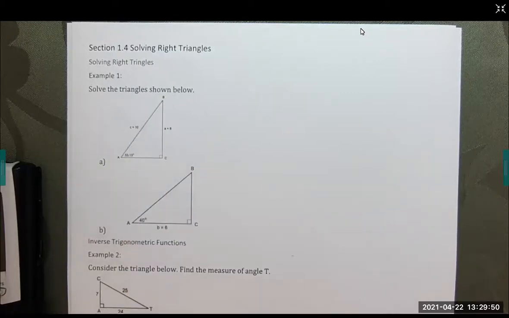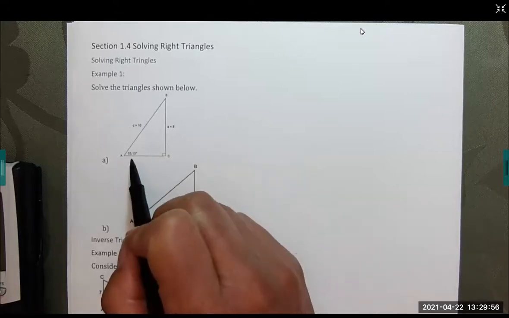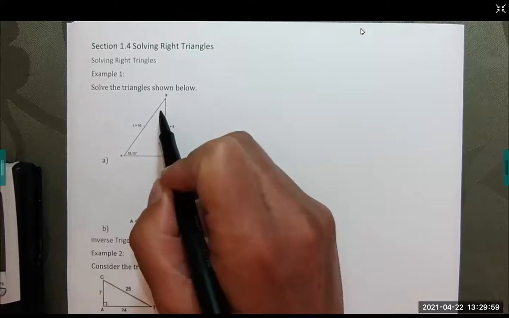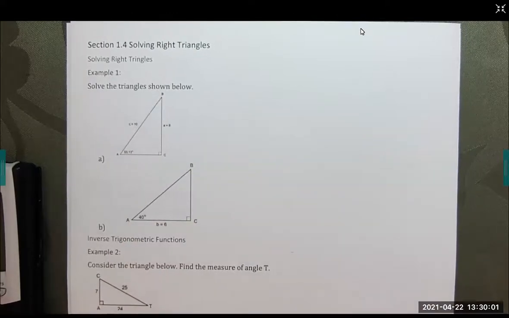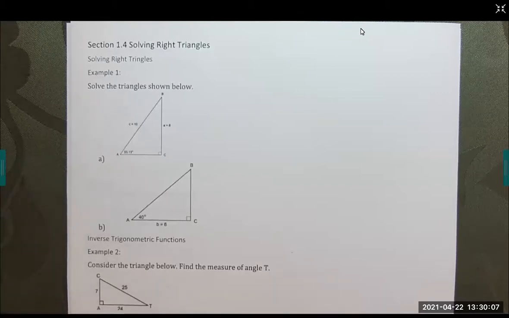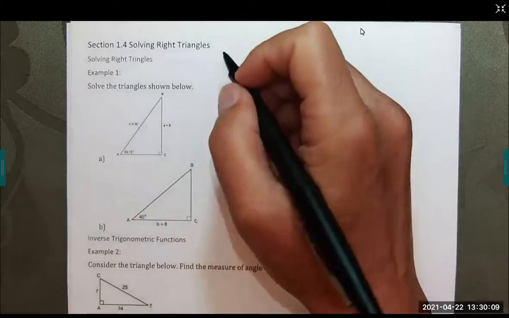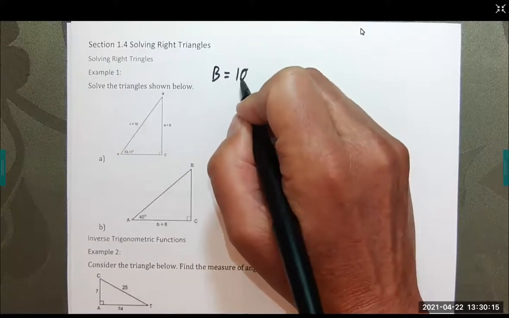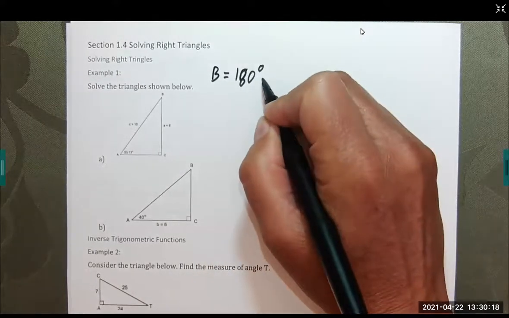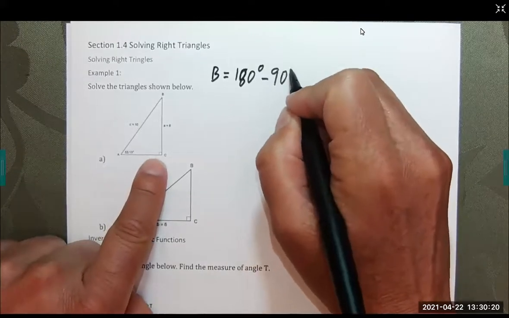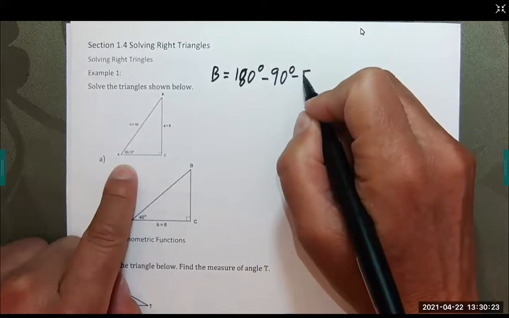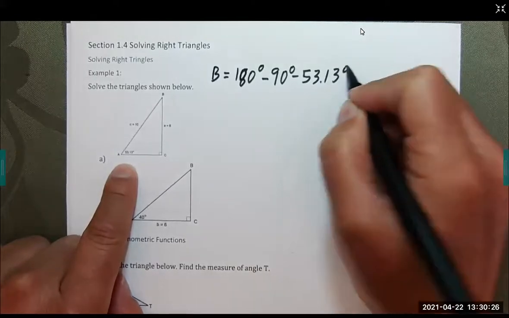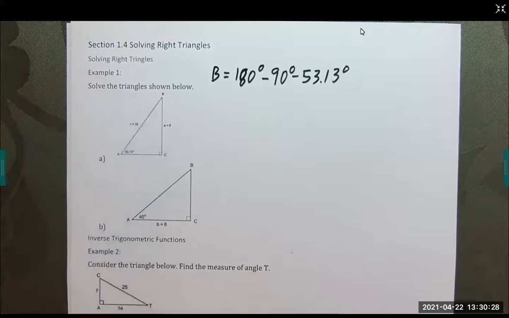And when they say solve the triangle, what that means is find any missing angles or sides. So we know this angle, we know this angle, there's only one left. And if you remember, in any triangle, the sum of the interior angles always add up to 180 degrees, which means to find angle B, I just need to go to 180 degrees minus 90 degrees, that's here, minus 53.13 degrees, and that will give me my missing angle there.